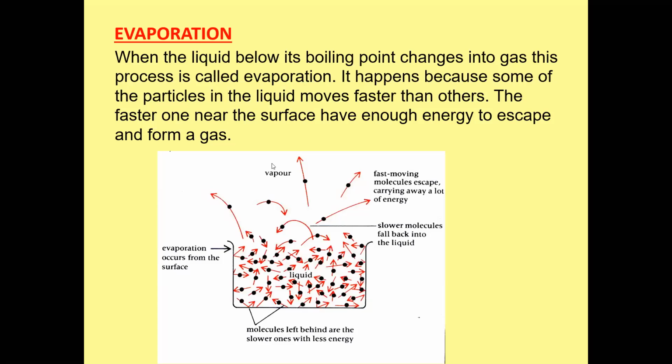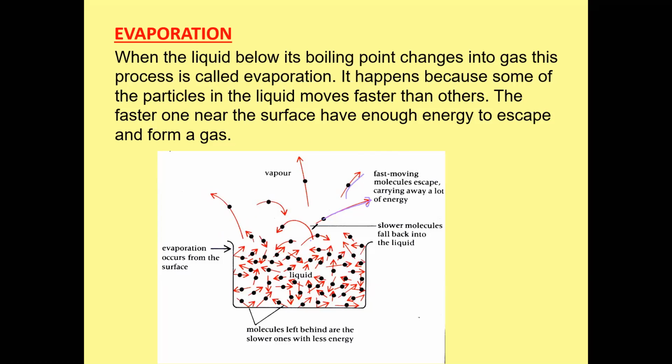So you can see here, these are the particles of a liquid. Arrows are representing that they are moving around each other. The molecules at the surface, you can see which molecules are likely to go out. The molecules having high energy are more likely to go out.